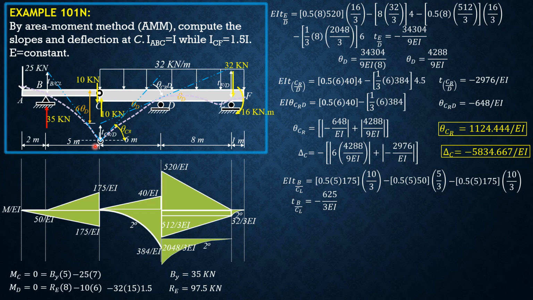Tangent of theta, remember, in beam deflection is simply opposite over adjacent. There's no need to say tangent of theta C left because theta is expected to be small. Tangent of theta is just theta. So theta C left is negative of the absolute value of the deviation of B relative to C left plus the absolute value of delta C, divided by 5.